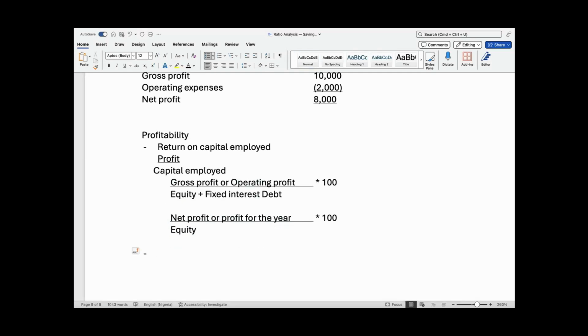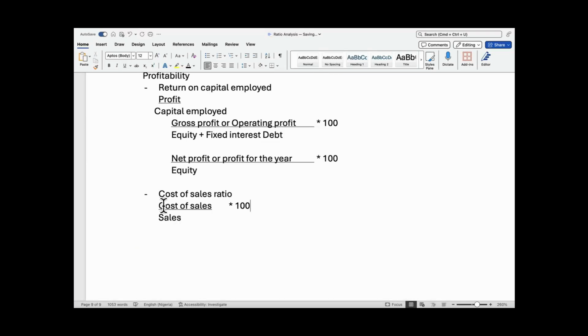Another ratio I feel we have not mentioned is cost of sales ratio. I think this question did not capture that. And cost of sales ratio is computed as cost of sales divided by sales multiplied by 100/1.